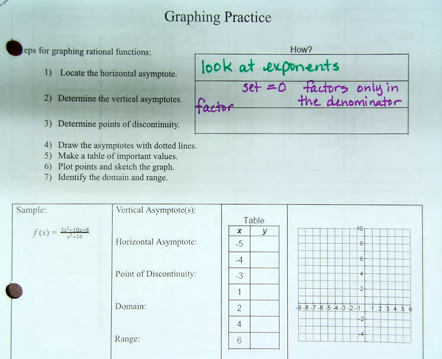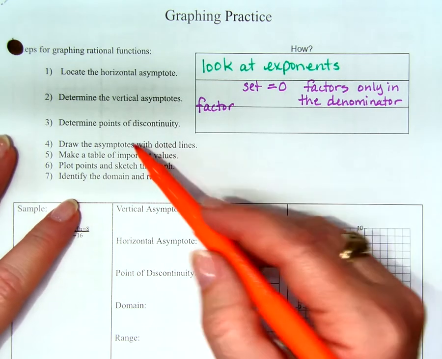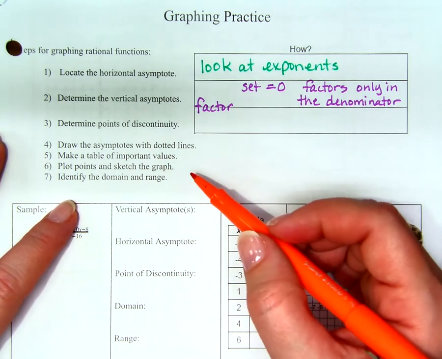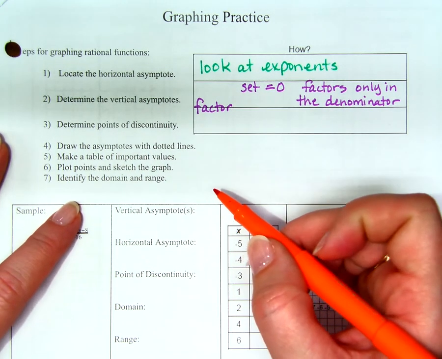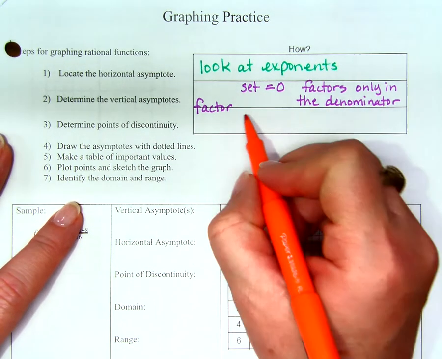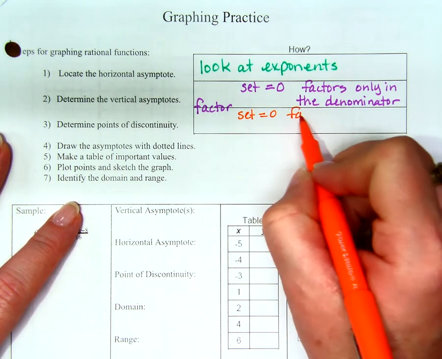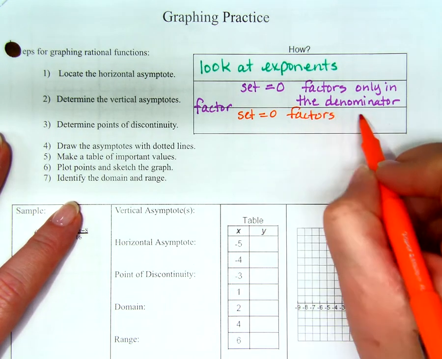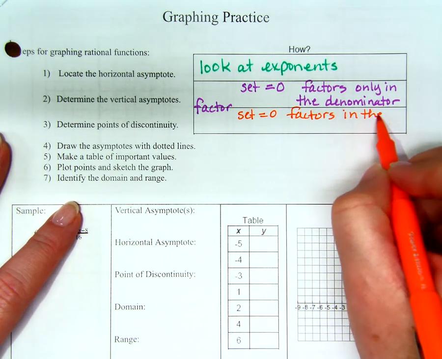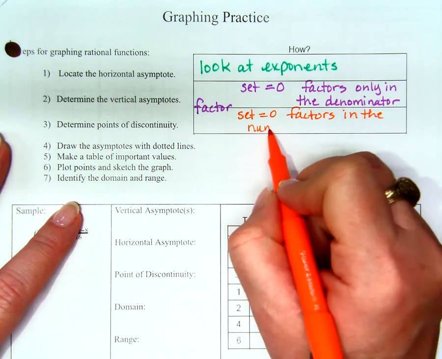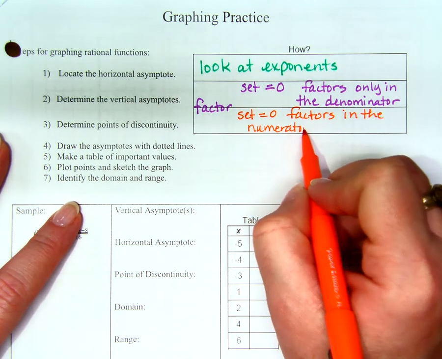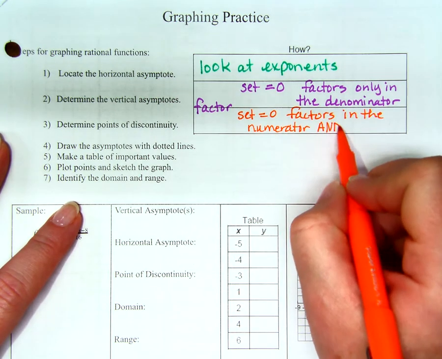Set the factors equal to 0 that are only in the denominator. What about points of discontinuity? The removable discontinuity. What about that? So same thing. Set equal to 0 the factors in the numerator and the denominator.